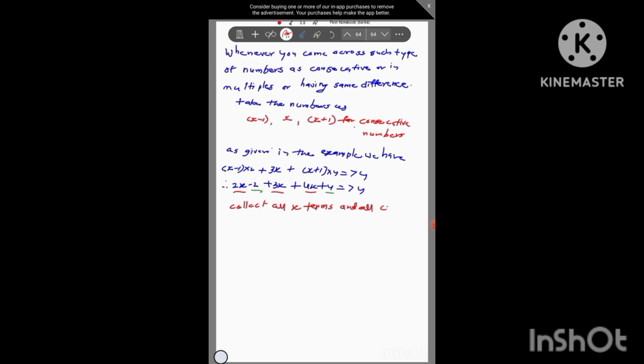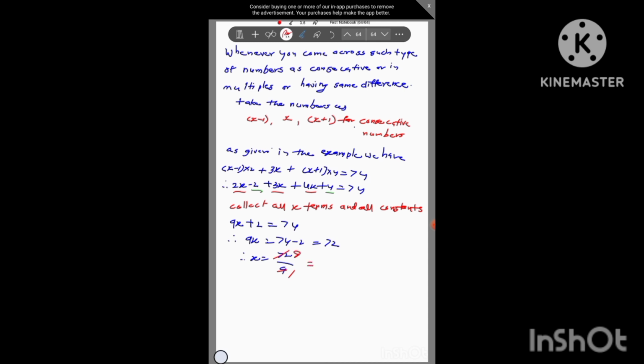Collect all x and all constants, the numbers which don't have any unknown multiplied to them, in this case minus 2 and plus 4. So you get 9x equal to 74 minus 2, that is 72. So x equals 72 upon 9, very simple.